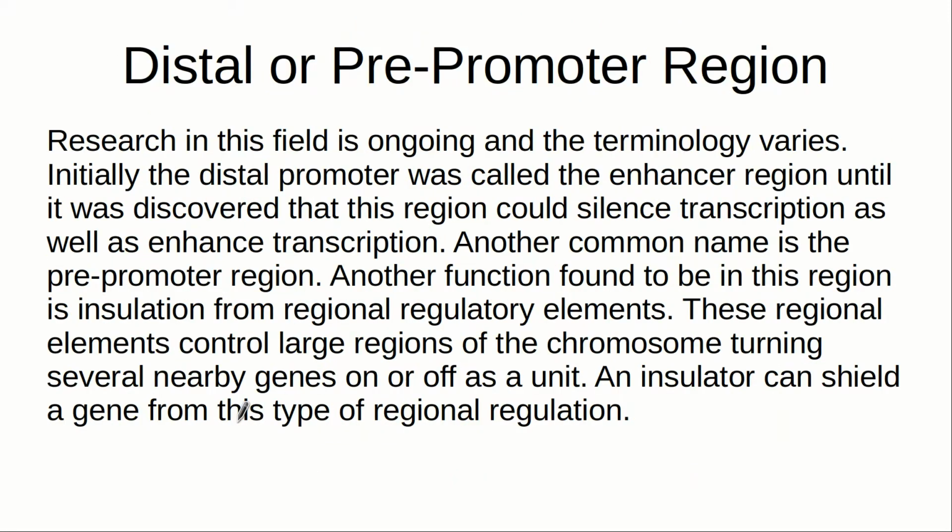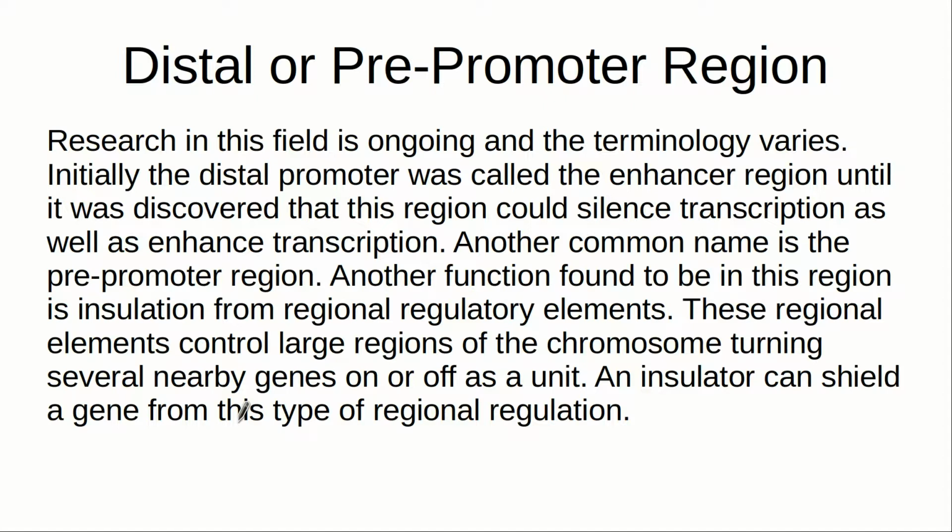Now, the distal or pre-promoter, like I said, this is the region where you usually get these things that act from a distance, and they may act on multiple genes at the same time. So realize this is more like the operon where you had Z, Y, and A, but don't think of it that way. Remember, these are separate genes regulated separately in their own individual promoters.